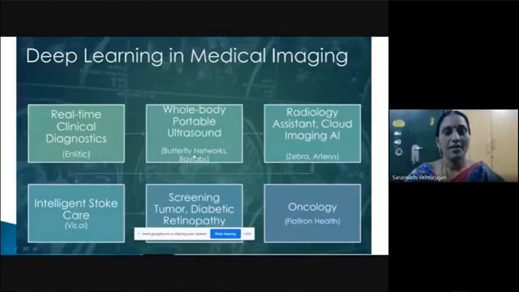Butterfly Networks and Bay Labs are working with whole body portable ultrasound. And Zebra is partnering with AI, and working with cloud imaging AI. So some of these startups are working in this particular area using deep learning or artificial intelligence.